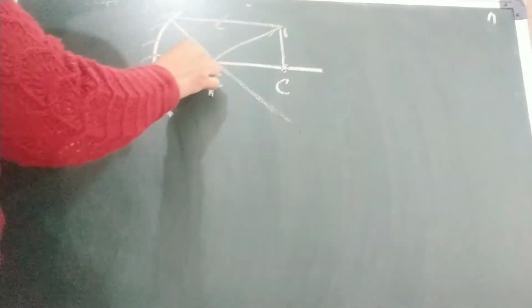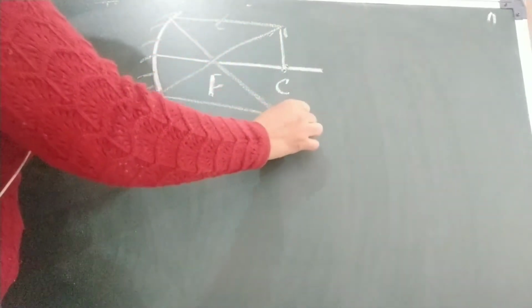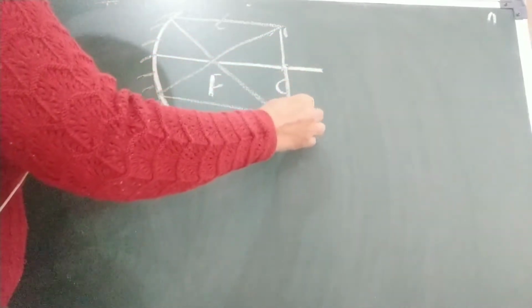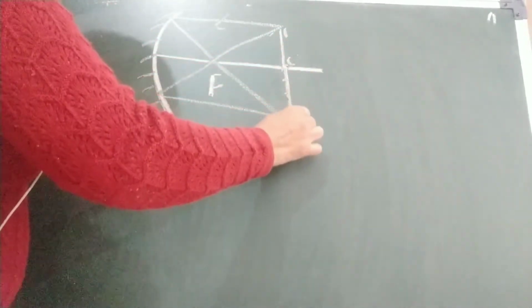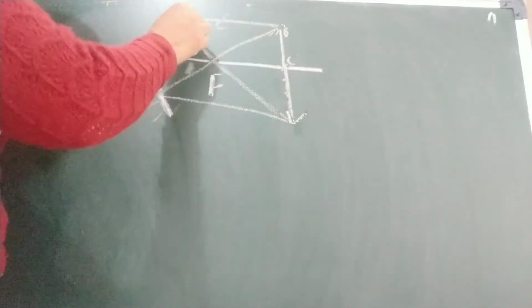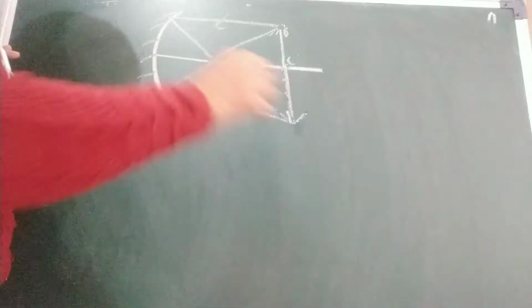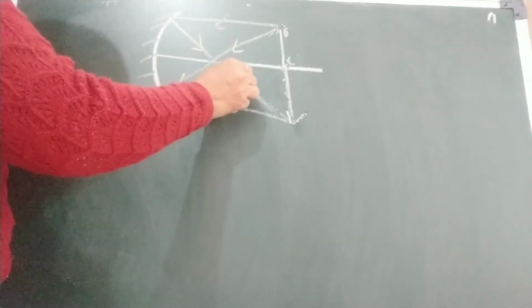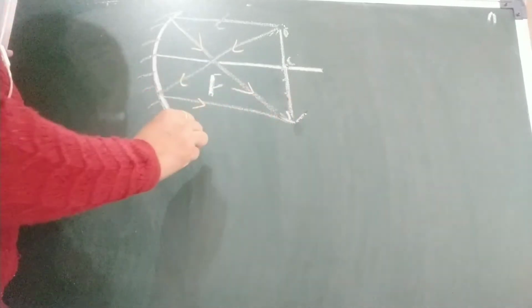Second, it will go like this and meet here, only where the C is. You are seeing that both are same. Children, don't forget to make the arrows. Okay, it is meeting here.